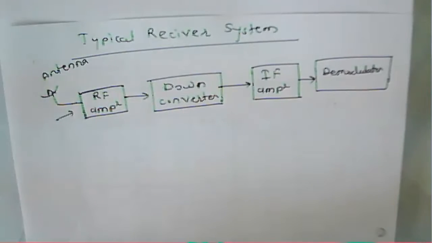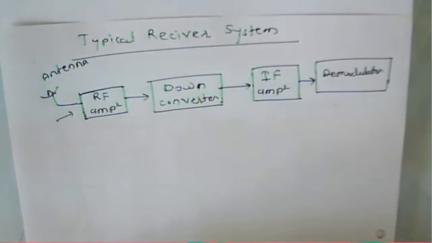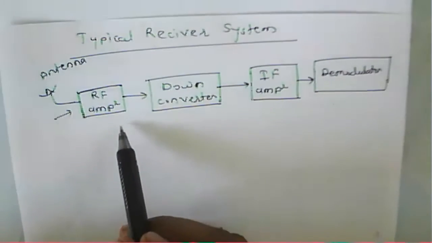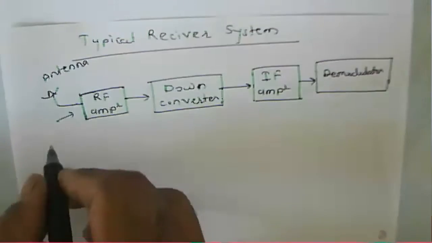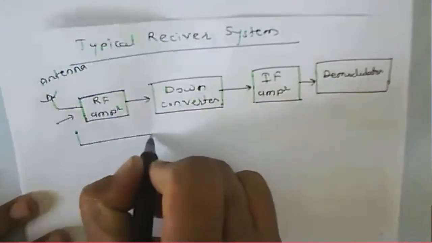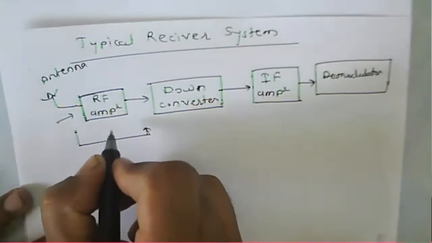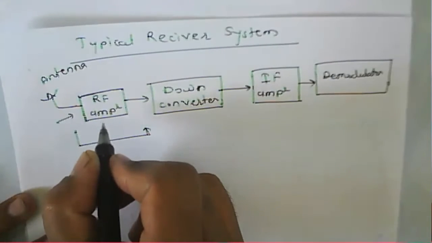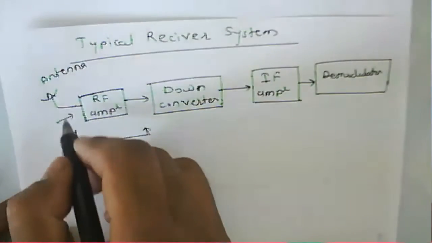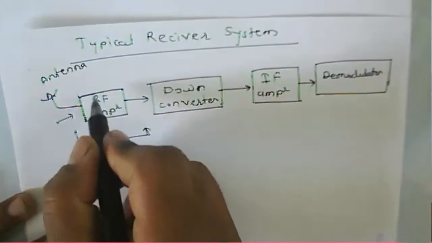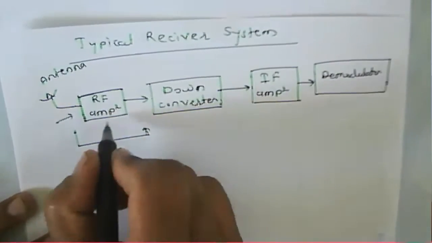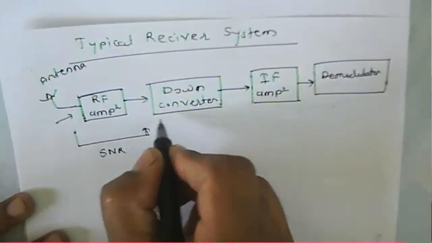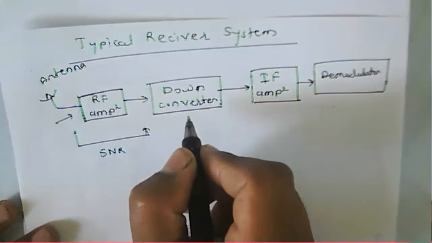So the signal to noise ratio depends on the various components present in a receiver system. If you calculate the signal to noise ratio for this RF amplifier, that will be the noise present in this particular component, and then that noise propagates to the next component.